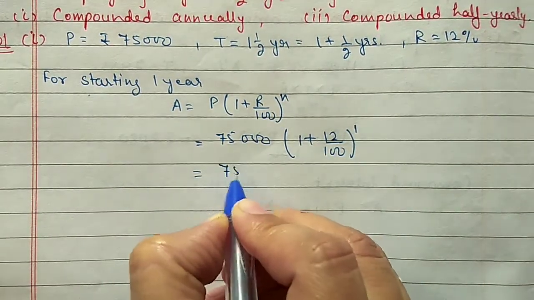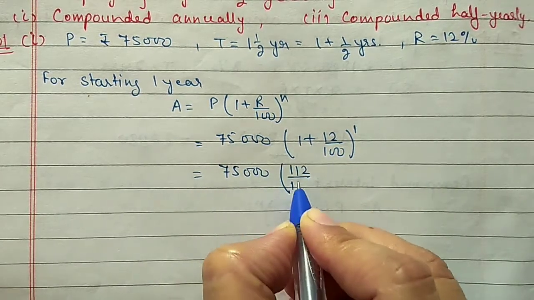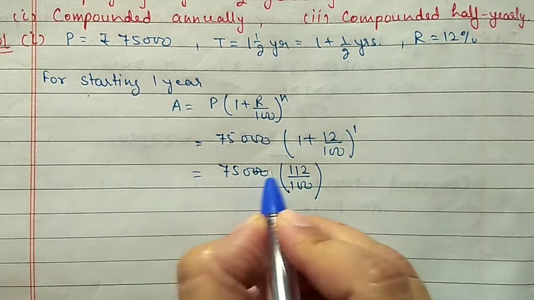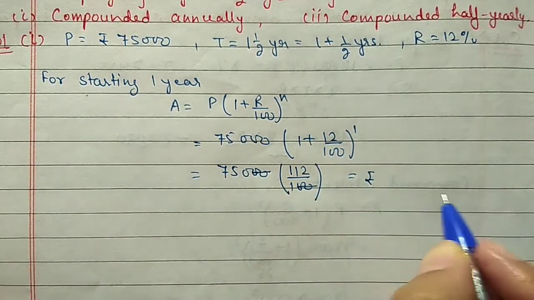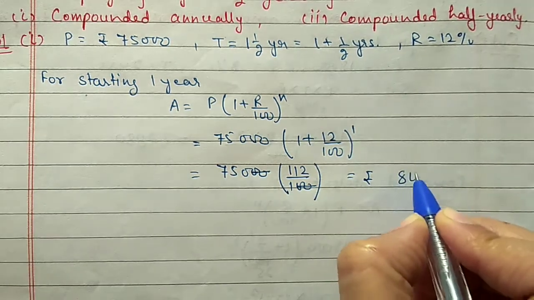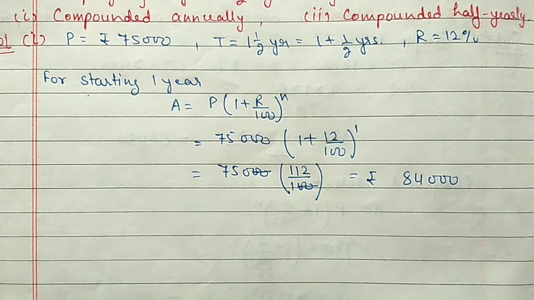Now we will get here 75,000 and when you take LCM you will get 112 by 100. So two zeros directly you can cancel out and after multiplication you will get 84,000. So 84,000 is the amount after 1 year.